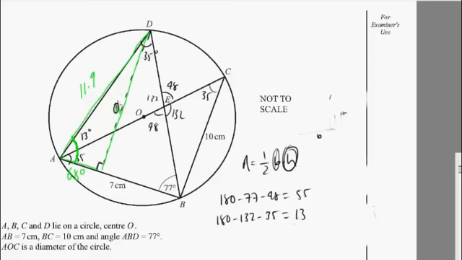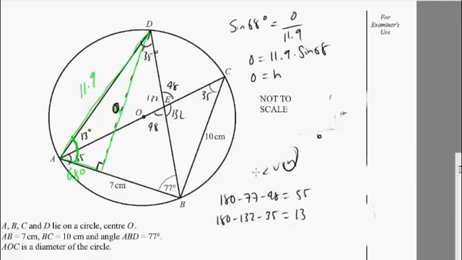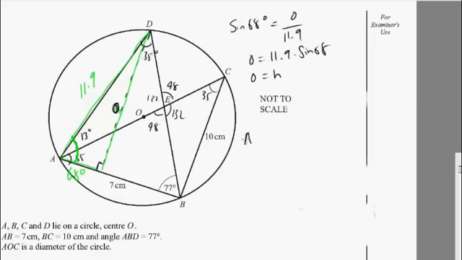In this case we can just call this opposite for now. So we have sine 68 degrees is equal to opposite over 11.9. So opposite is equal to 11.9 times sine 68. We know this is equal to our height. Right, so this is the height.